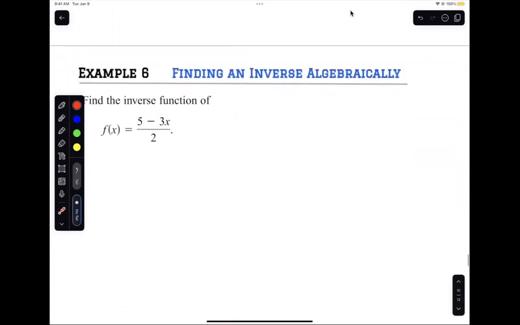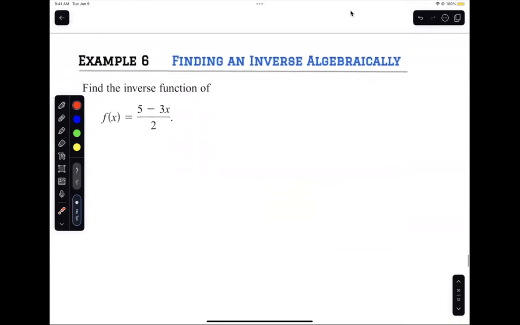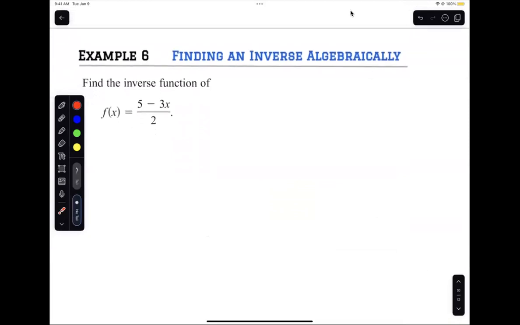So find the inverse function of f of x equals 5 minus 3x over 2. We can plug this into a calculator and verify that this does pass the horizontal line test. So I'm going to skip that part, but I want to practice with you guys how to do the steps to find the inverse.